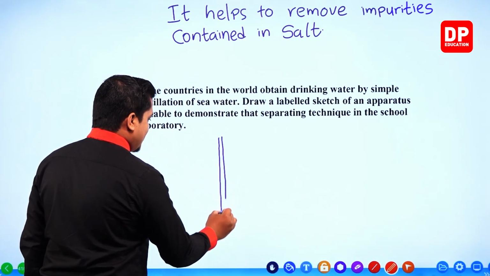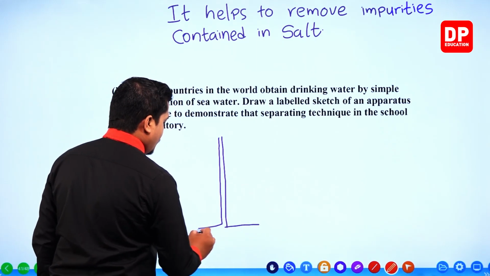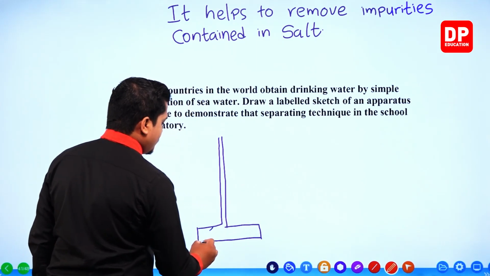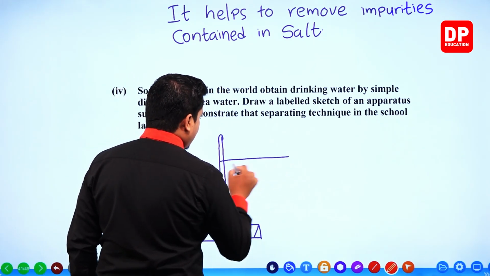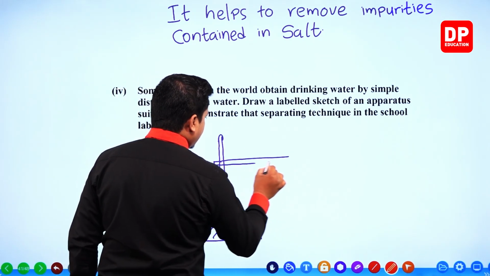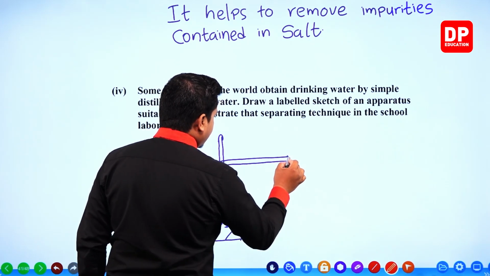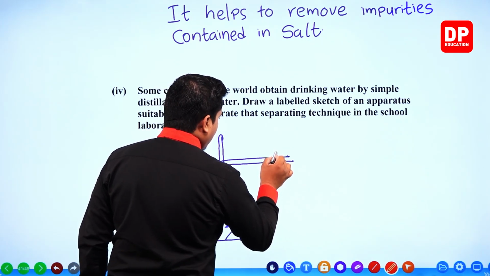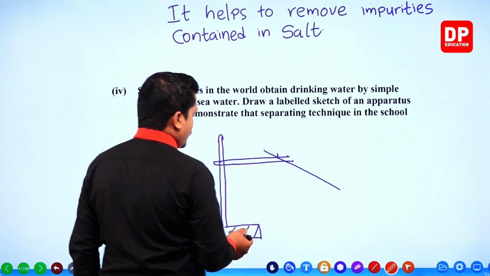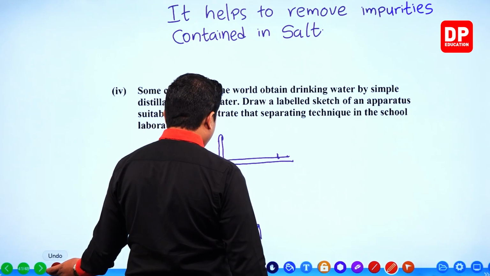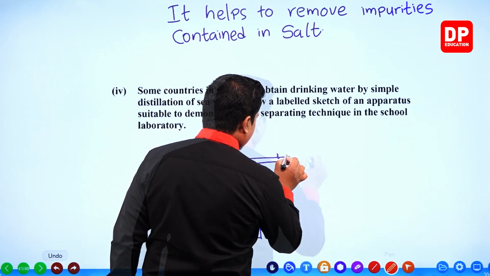During the process of simple distillation, we'll definitely be needing a stand. Then, my dear children, like this way, we need to fix a Liebig condenser.